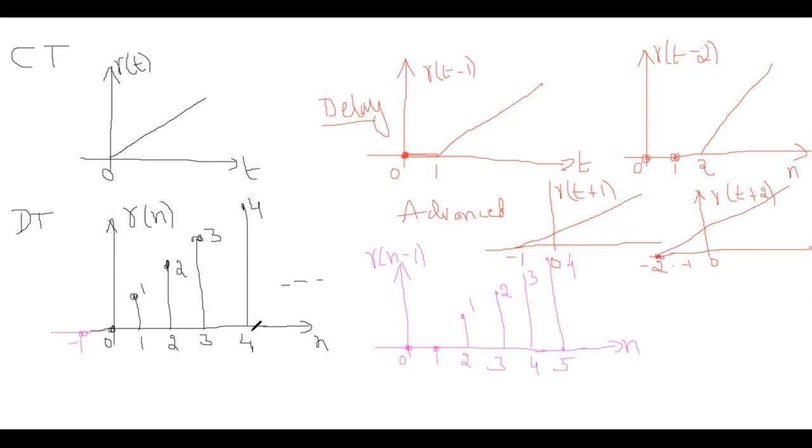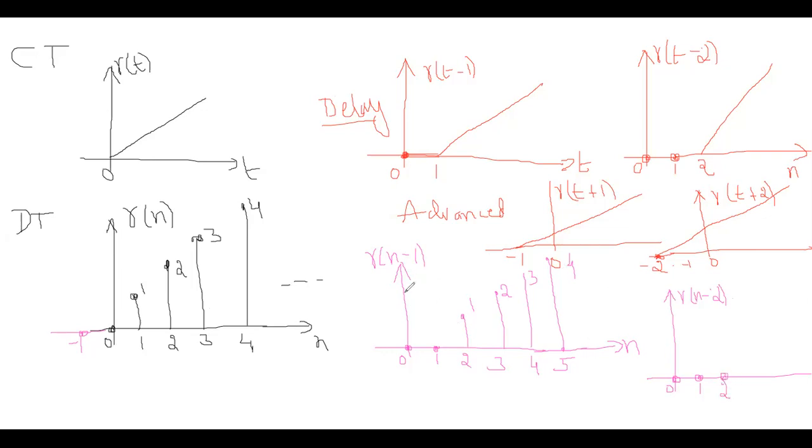And the value at n equal to 4, you get at n equal to 5. Means one sample is shifted. If 2 samples are shifted, that means r of n minus 2. So 0 is 0 and 1 is also 0. Now the 2 is also 0.